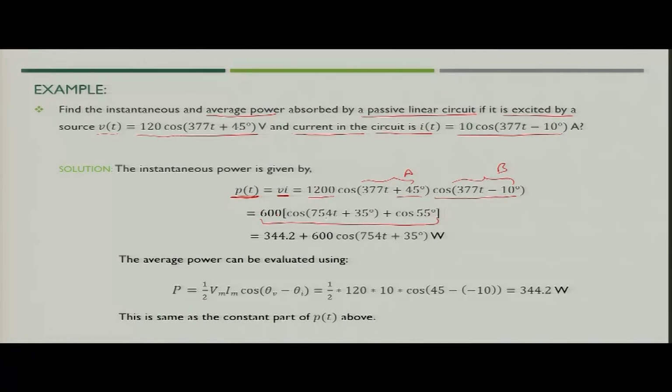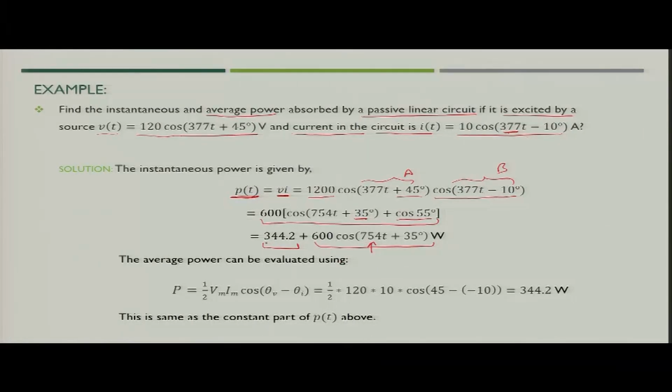When you simplify, you will get 600 [cos(754t plus 35 degrees) plus cos 55 degrees]. So you get one constant term, as in the instantaneous power derivation, plus one sinusoidally varying term with twice the original omega.